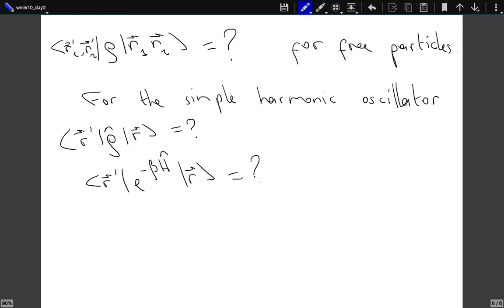How do you calculate this? You are given this question. How do you proceed? Okay, the Hamiltonian is this one.